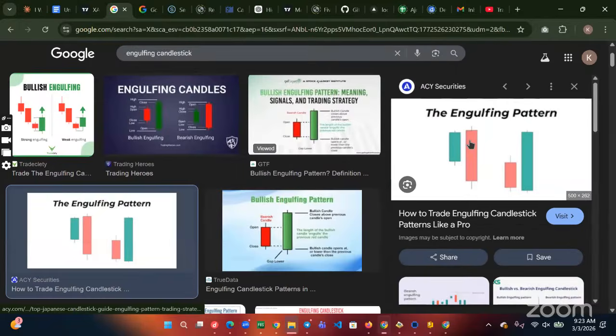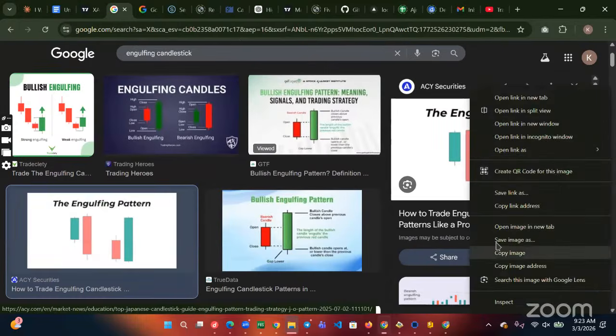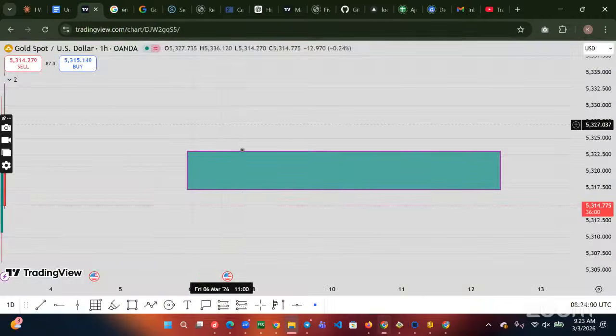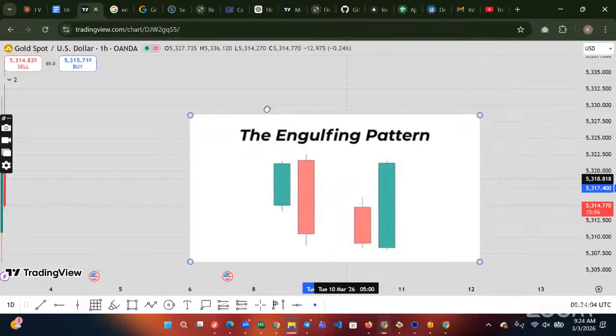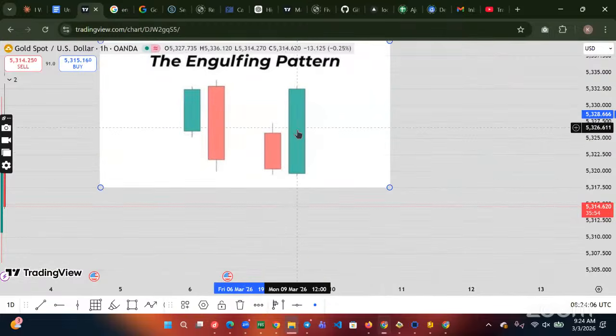An engulfing candlestick is like a lady that is pregnant. The child is inside the stomach. It engulfs the previous candle.